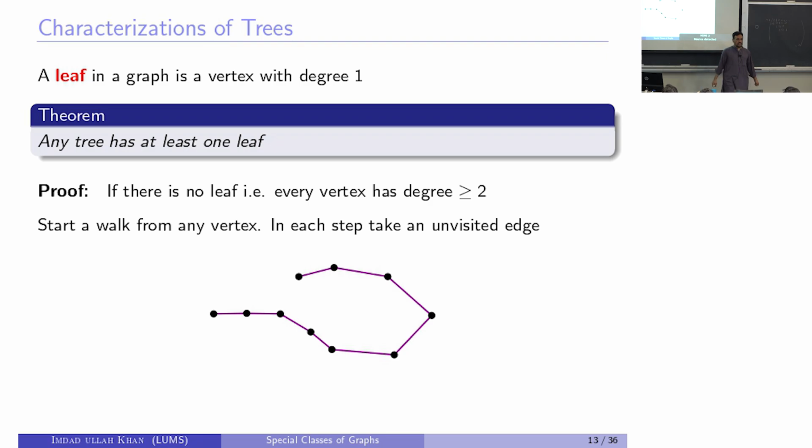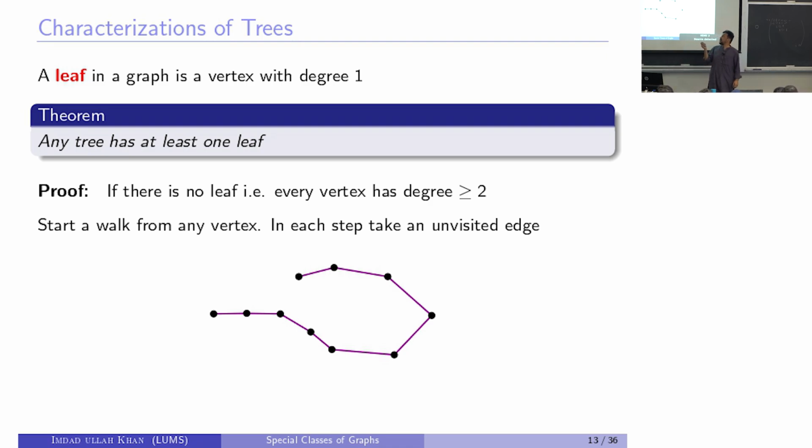Suppose you reach a vertex that has no unused edge to continue, following your instructions. My instruction is: start from a vertex, go through an unused edge to some other vertex, go through an unused edge to some other vertex, right? Continue doing this.